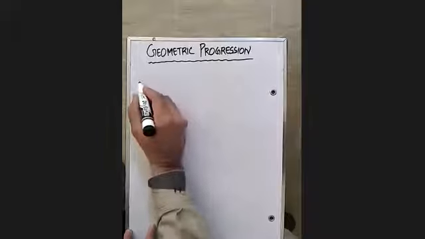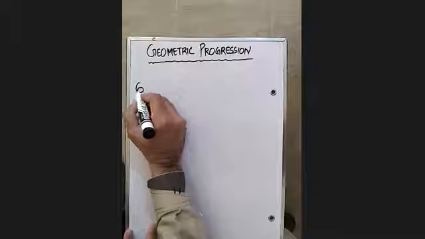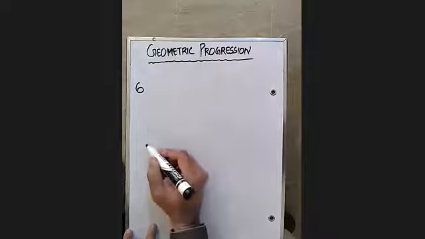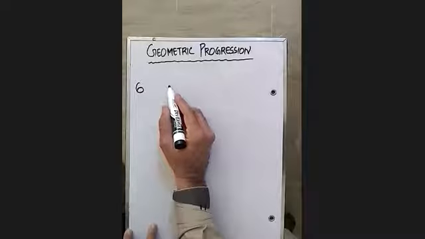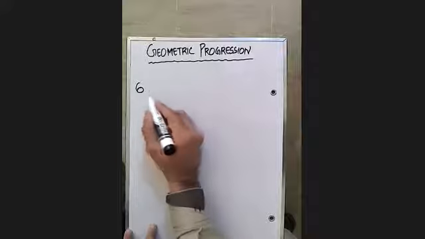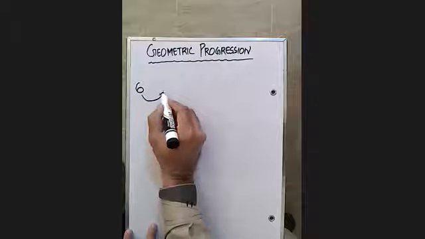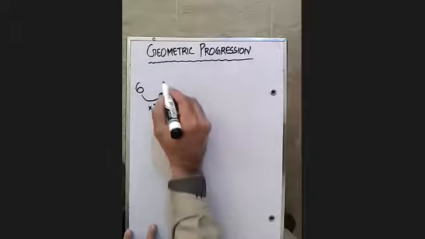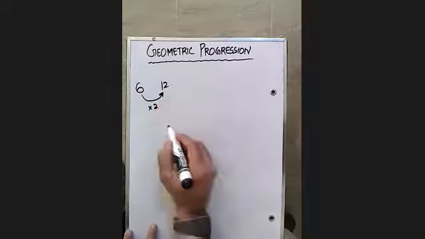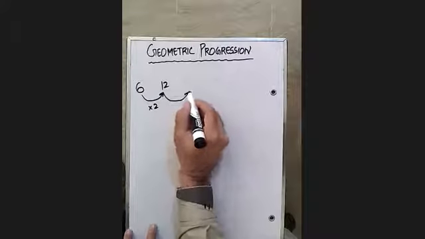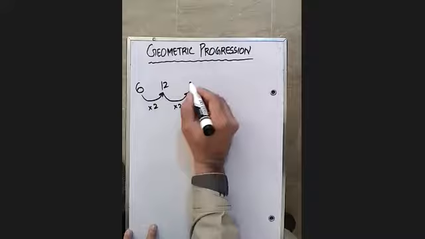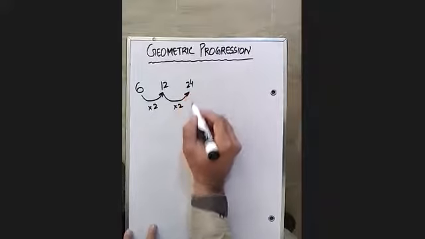If you have a sequence, like we have a number starting with 6, and we multiply this number by a specific number. Suppose I multiply by 2. So I'll get the next number 12. Now if I multiply this 12 by 2, I'll get 24.